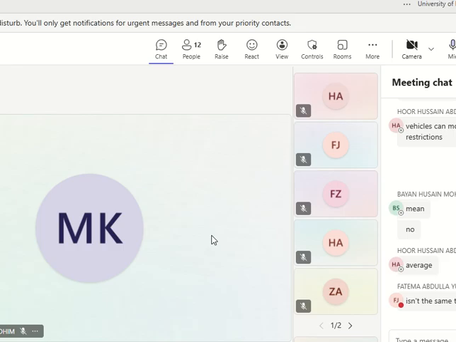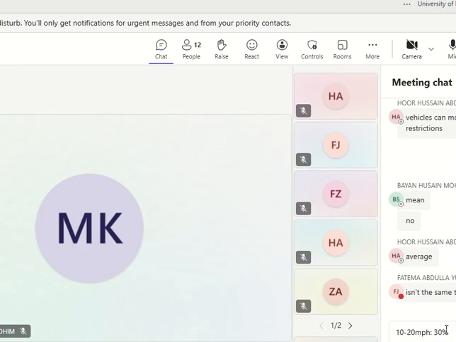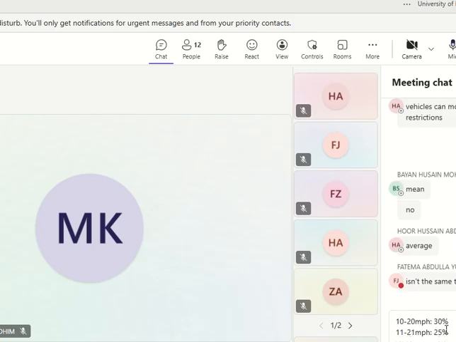Okay, let me give you a very simple example. They are not the same thing, I already explained the mean and the average. They can be same, but they can be different as well. This is according to statisticians. For the pace, for example, I have 10 to 20 miles per hour speed, and I have 30% drivers in them. I have 11 to 21 miles per hour, and I have 25% drivers in them.